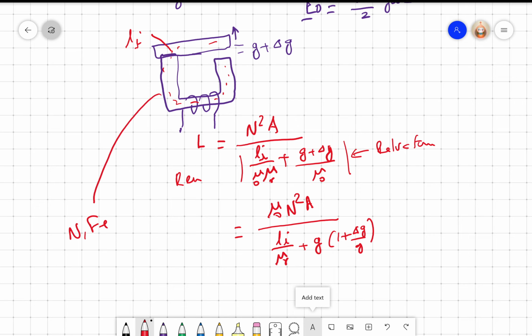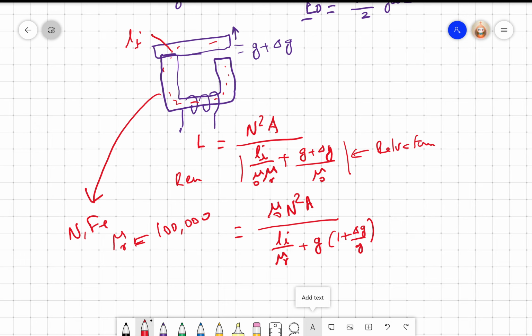If this iron piece is nickel iron, I can get mu r roughly 100,000, 1 lakh. You can also get about 300, 400,000, but that's very expensive and very difficult to handle. You will easily get about 100,000 mu r in nickel iron.